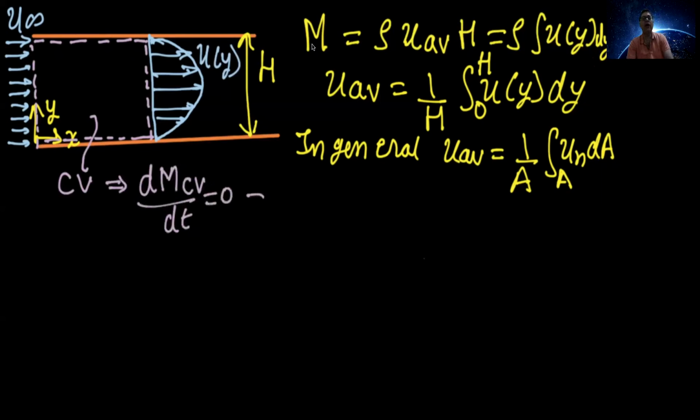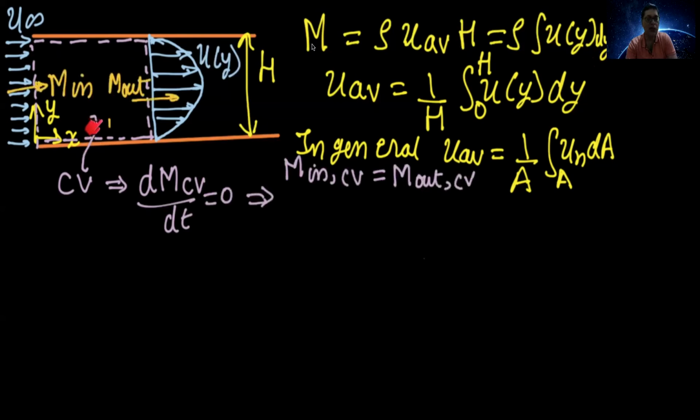If you see the fluid inside this control volume, it is not changing with respect to time, because in this rectangular region this is a steady flow situation where the velocities are not changing with time.